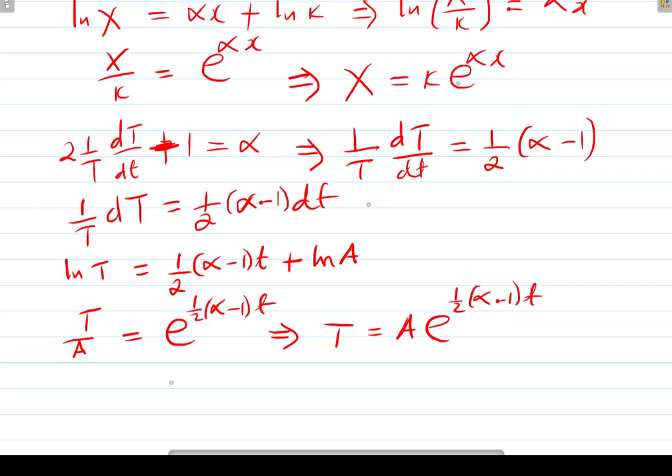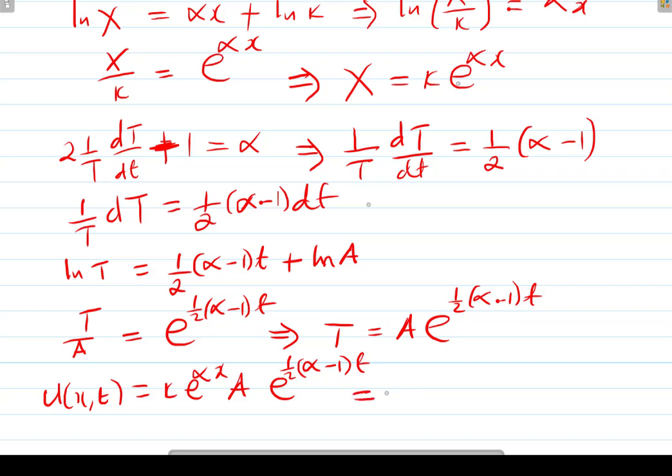Now that we have got both t and x, x we already found here, we can now write u. What is u? u of x comma t is equal to, so our x, remember it was a product of x and t, so it's k e to the alpha x times a e to the half alpha minus 1 t.